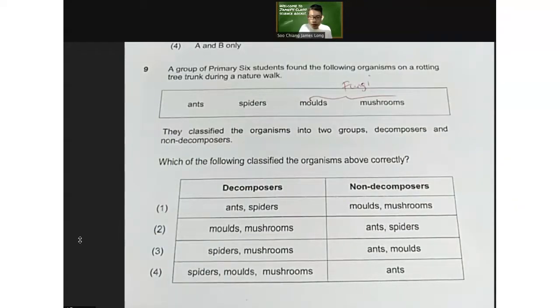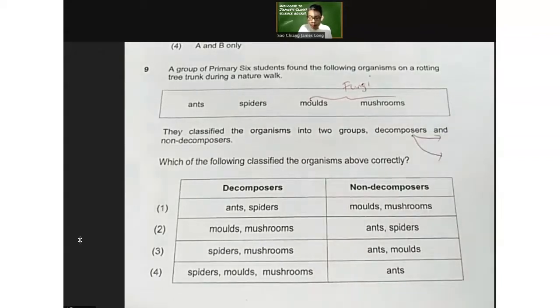They classify the organisms into 2 groups: decomposers and non-decomposers. So based on what you learned from your textbook, what are decomposers? You learned there are 2 kinds. The kinds that you cannot see, what are they? Yeah, those are your microorganisms.